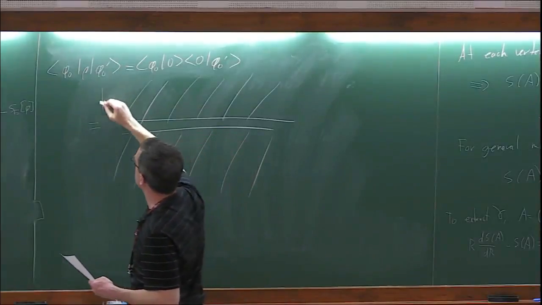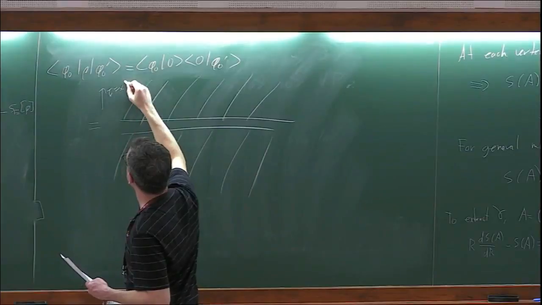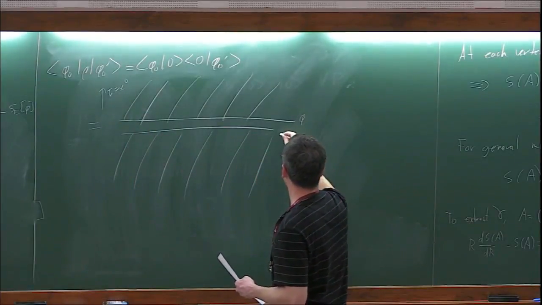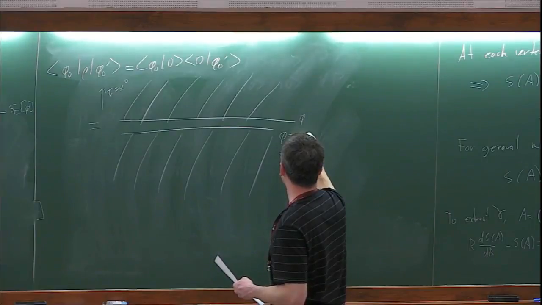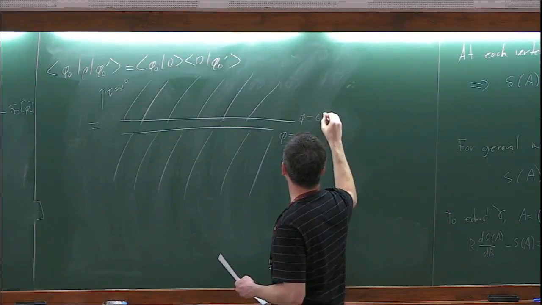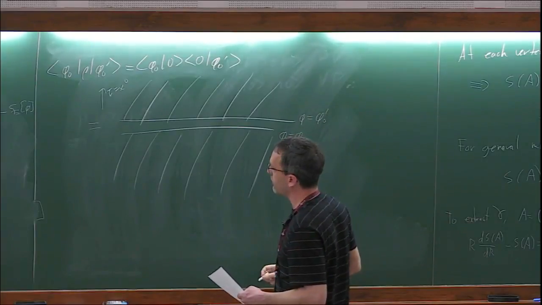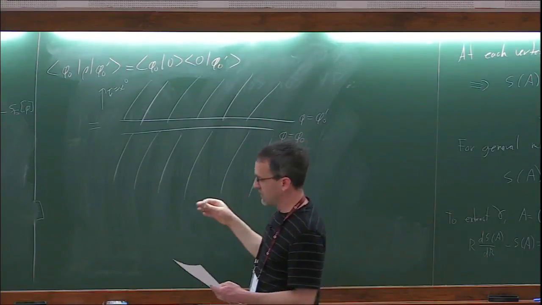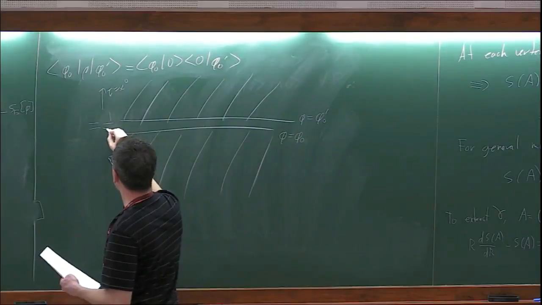This again is tau, which is x naught. Here I put, just like before, the boundary condition phi equals phi naught. Here I put the boundary condition phi equals phi naught prime. And I just get the product of these two things, times 1 over Z.